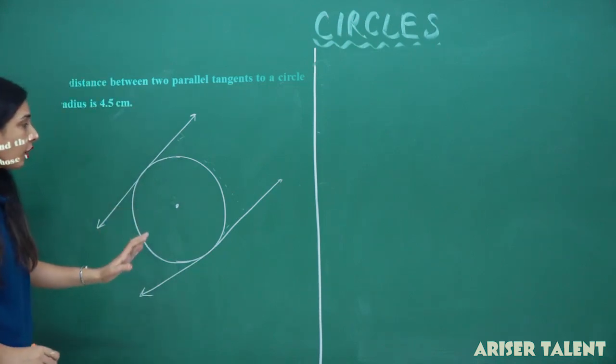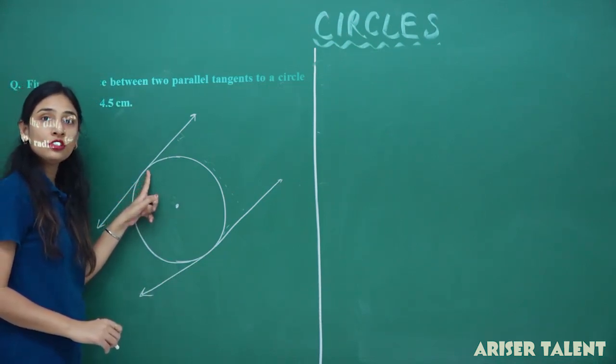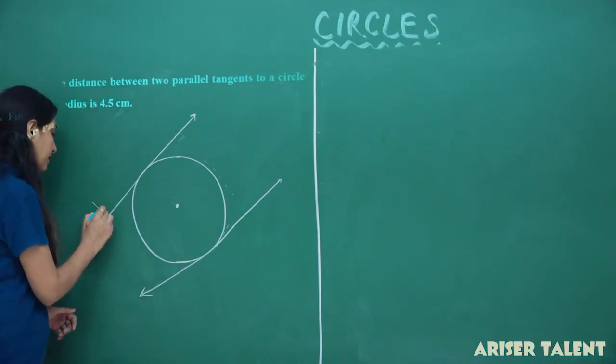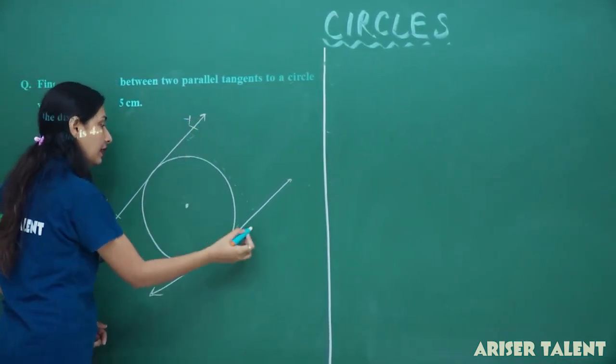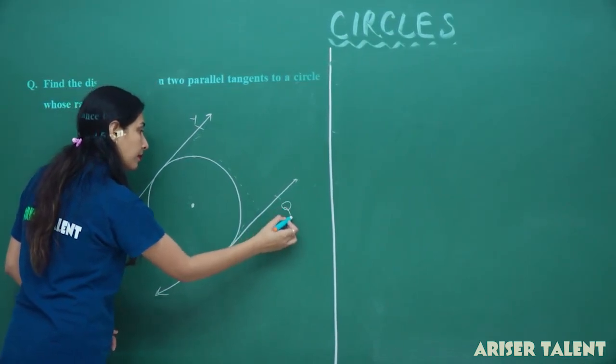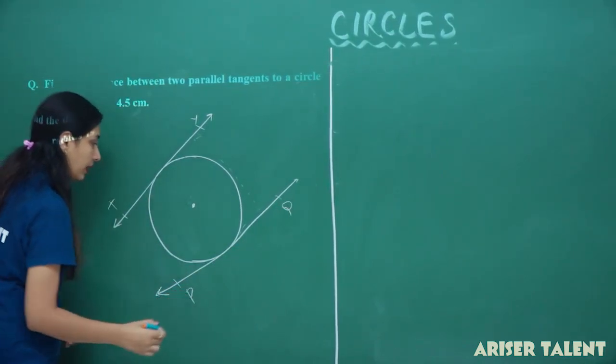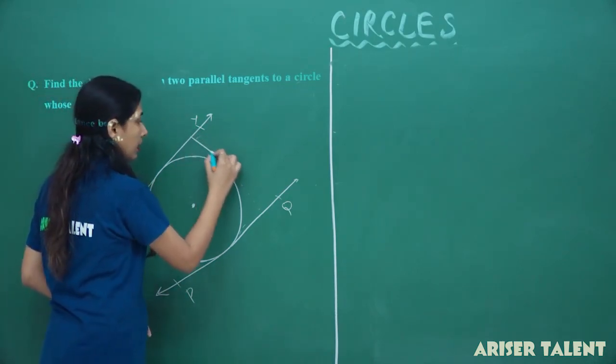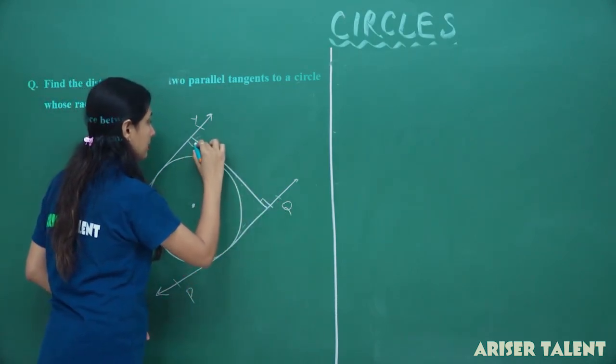Okay, so what is my concept? If this is tangent and if this is tangent. So let's suppose this is XY and let's suppose this is PQ. Okay, these are two parallel tangents. This is parallel to this.